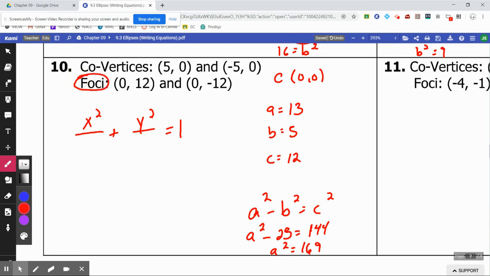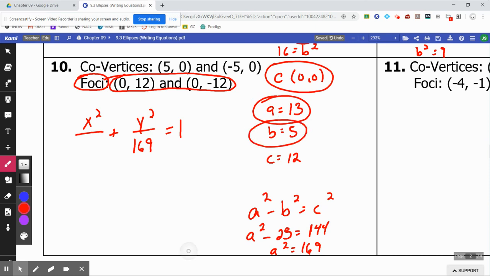That's going to tell us if it's up and down or left and right. 0, 12, that's up. 0, negative 12 is down. So therefore, since your foci are above and below your center, you have a vertical major axis. So the largest number is going to go under the y. So 169 under the y, 25 under the x.